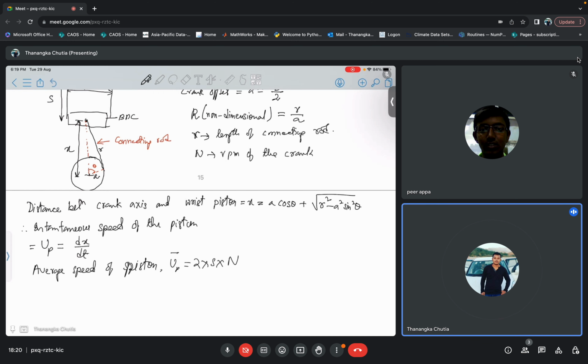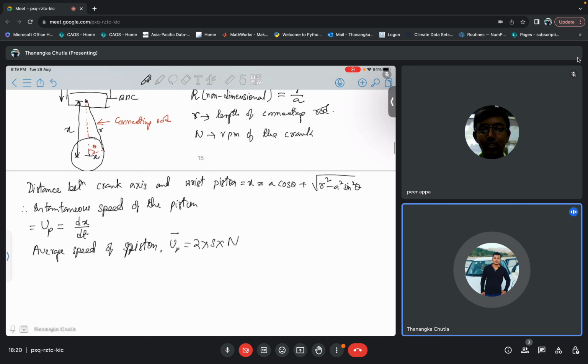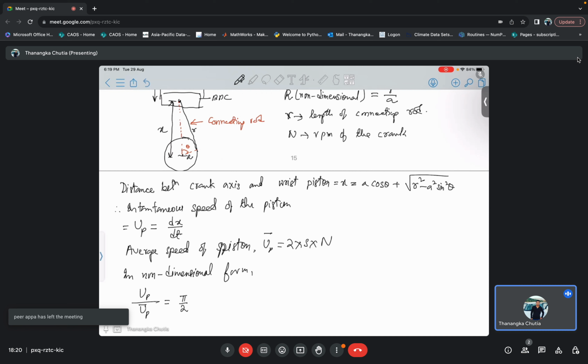Next, there is a relationship in non-dimensional form which is very easy to solve. In non-dimensional form, UP divided by UP bar is equal to pi by 2 times sin theta into 1 plus cos theta divided by root over R square minus sin square theta.